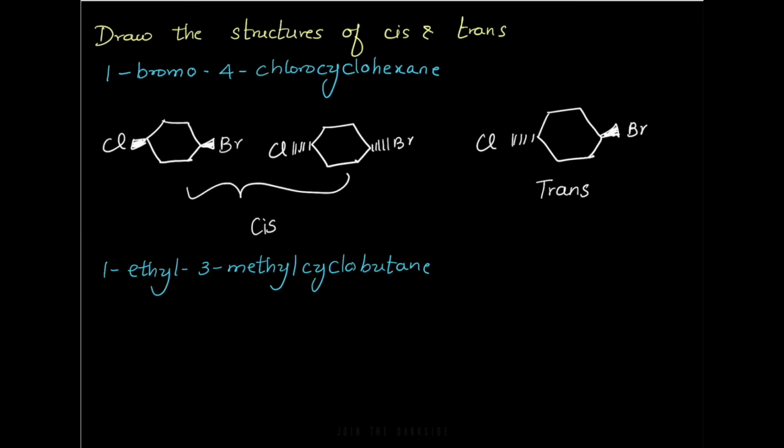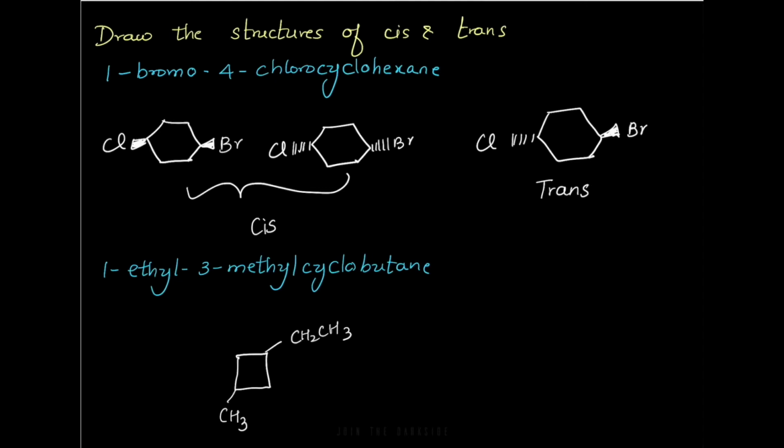Now the next example that we have here is 1-ethyl-3-methylcyclobutane. So we draw the structure for cyclobutane first, and then we put on the substituents. We have an ethyl group and a methyl group. So this is 1-ethyl-3-methylcyclobutane.